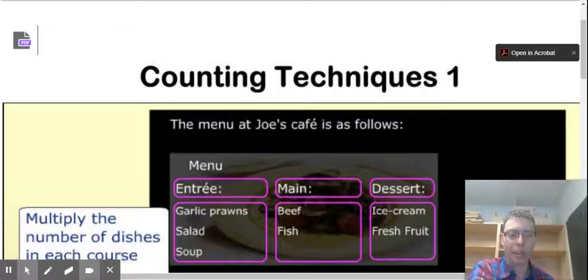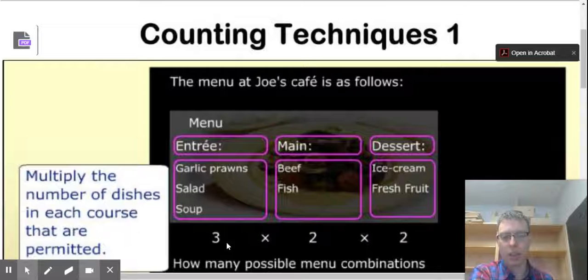So the math behind this is very simple. All you have to do is multiply the number of options with each other. So here we have 3 options multiplied by 2 options multiplied by another 2 options. So how many options? I can do that in my head.